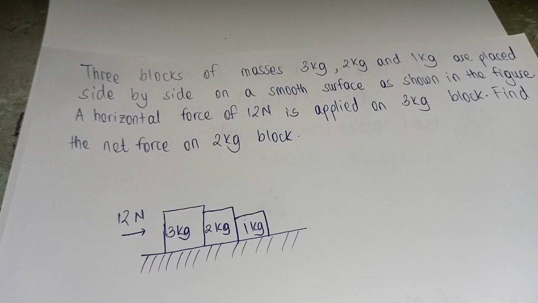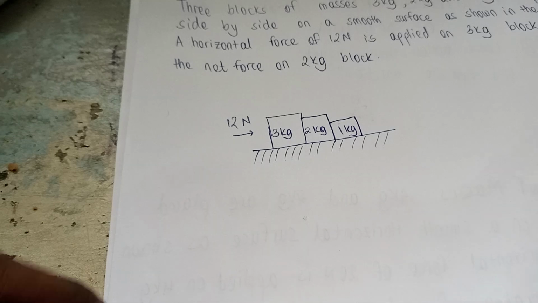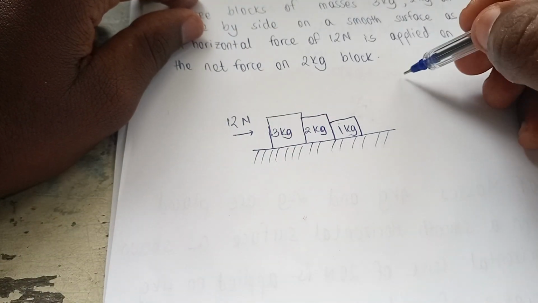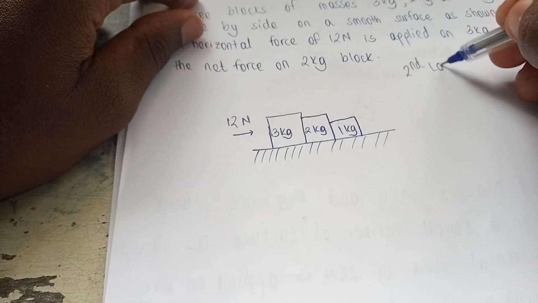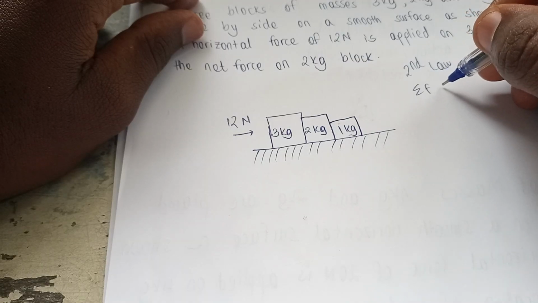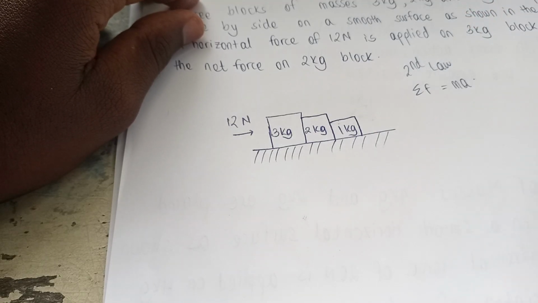Simply we start by finding the acceleration first, as in the former question. So I won't talk much here, I'll just go straight forward. To find the acceleration, from Newton's second law of motion, net force equals mass times acceleration, right?